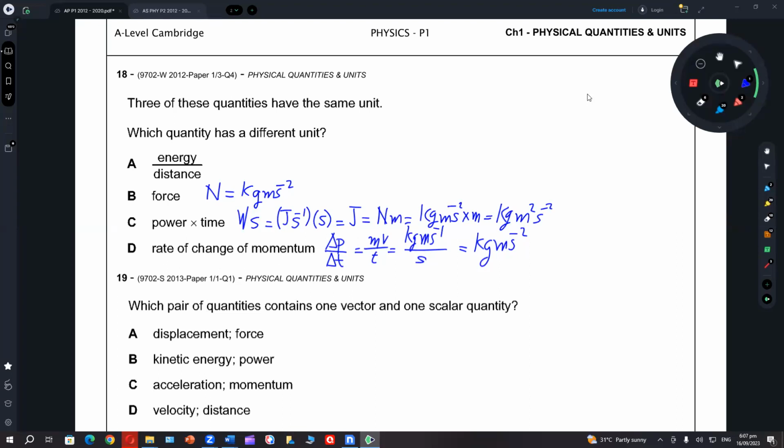Energy upon distance, joule upon meter, so it will be joule per meter. Joule will be Newton meter into per meter. Meter cancels. Newton left over. And Newton means kg m s minus 2.